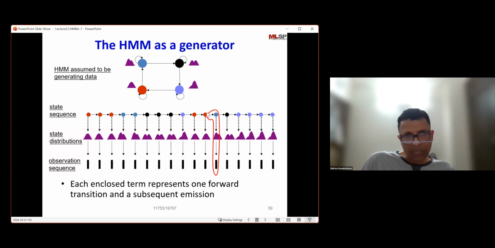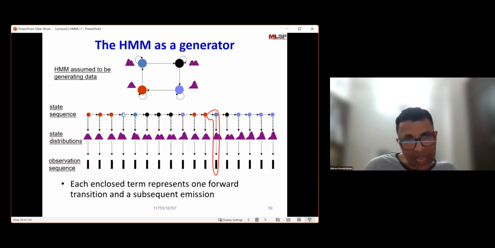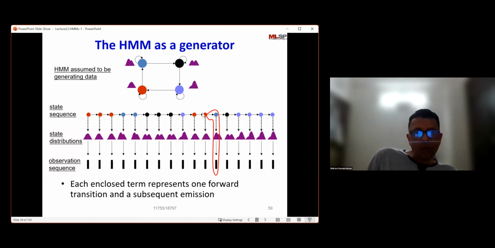That's the probability of being in the red state here and generating all of these, times the probability of going to blue from red and generating this one, right? So what is the most likely state sequence that ended with the red state and the blue state? Because extending the state sequence only factors in additional terms. It's not changing anything in the past, right?